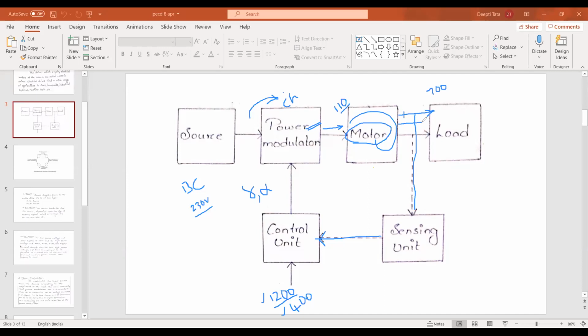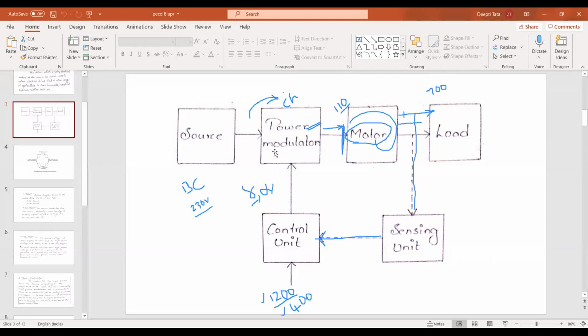Yes, madam. Exactly. Then the reverse is the second case, where you have to decrease the speed. Again, this control unit measures the change between the reference speed and the existing speed. It will control the power converter voltage levels according to the firing angle alpha or the duty cycle delta. That means from the power converter, you are going to control the motor input parameters. Whenever motor input parameters are controlled, motor output parameters are also going to be controlled.